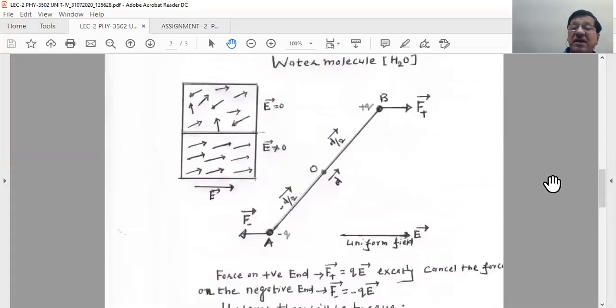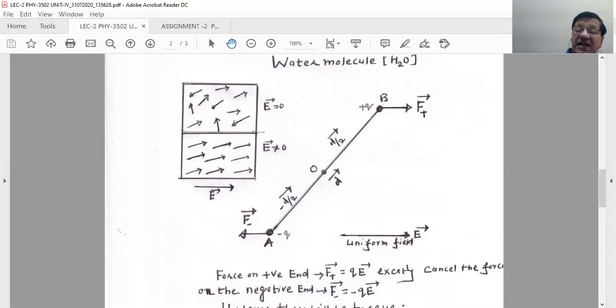Torque is basically a vector product of the position vector R, this vector R, cross F. So if you want to find the torque because of the positive charge, this is the vector R. When you measure the vector R from O to B, that is vector R cross F. Vector R means from O to B, it is given by 1 upon 2 D, cross the force acting on the positive charge, that is F plus vector.